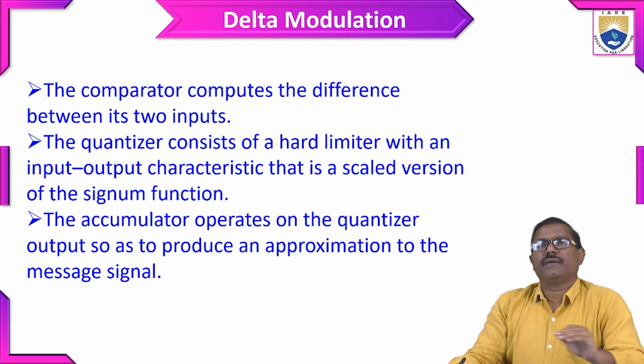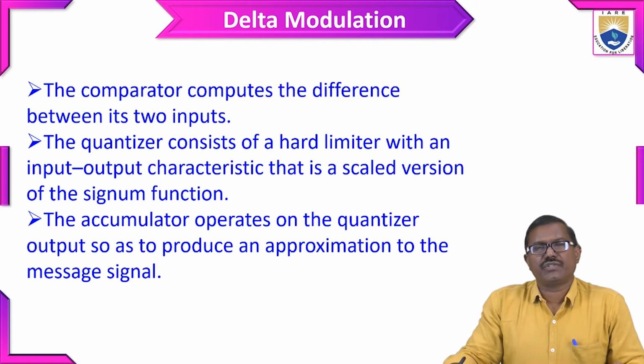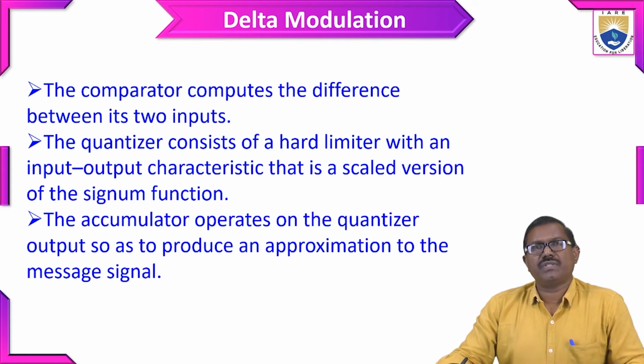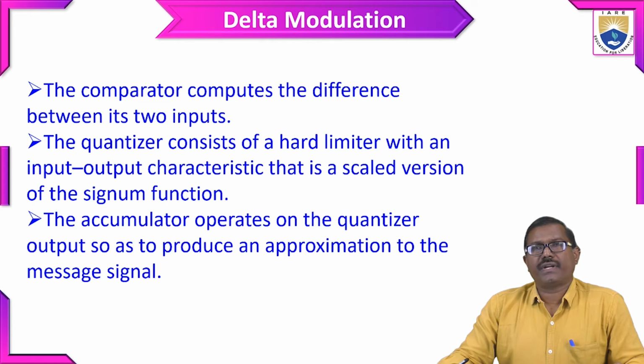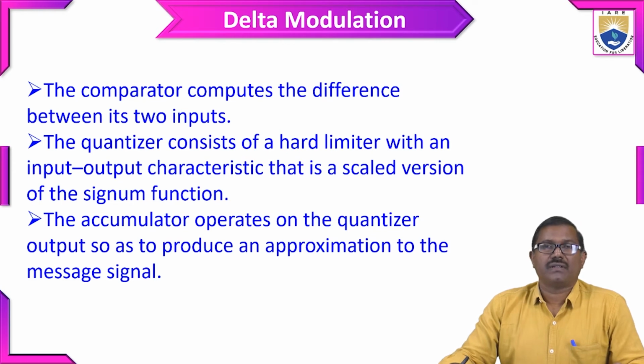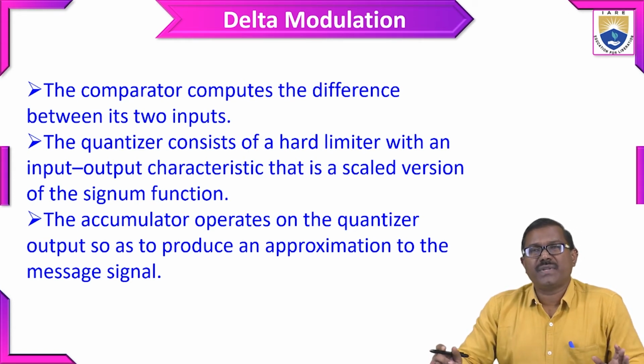The comparator computes the difference between the two inputs. The quantizer consists of a hard limiter with an input-output characteristic that is a scaled version of the signum function. The accumulator operates on the quantizer output so as to produce an approximation to the message signal. Already we discussed earlier that in delta modulation, a staircase approximation is provided to the incoming message signal.